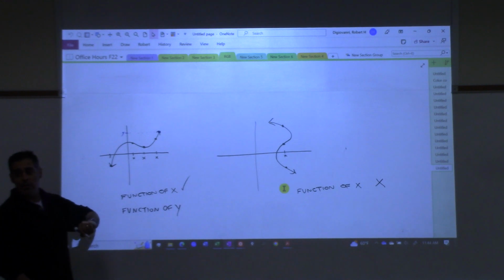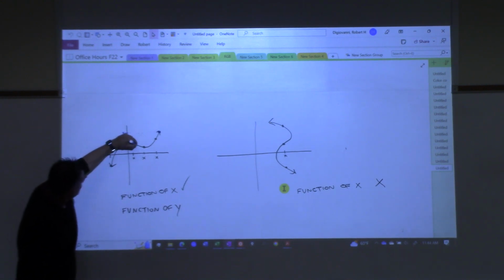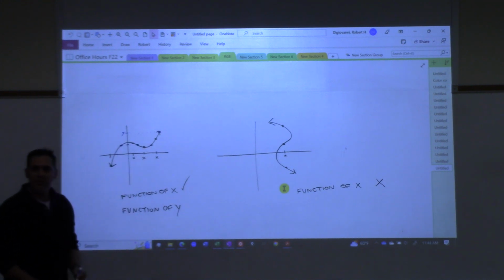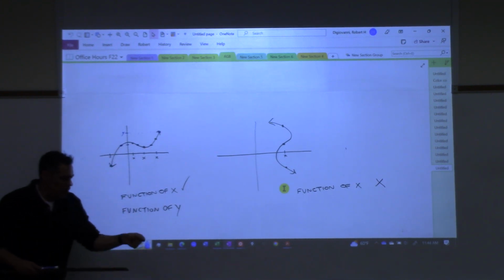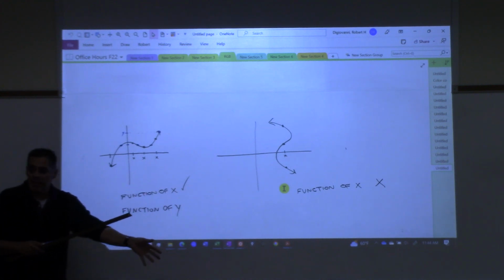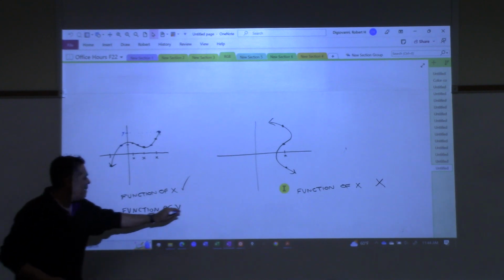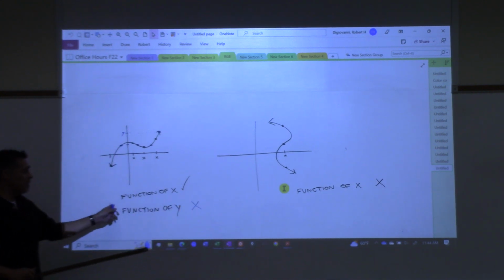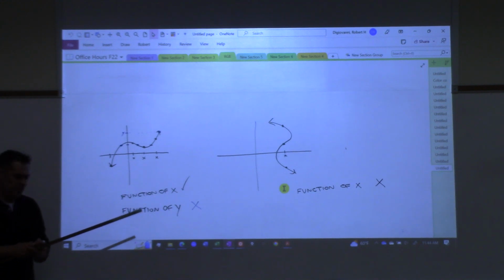Yes, but not everywhere, right? If I plug this value of y in, I have that x, and that x. I have three different x's. So I can't say here that if I plug in a y, I'm going to get one value of x out. Here, if I plug in a y, I'm going to get three values of x out. So this would not be a function of y. It is a function of x, but not a function of y. It's like looking at it reversed.